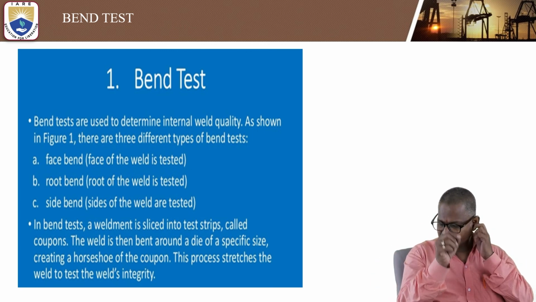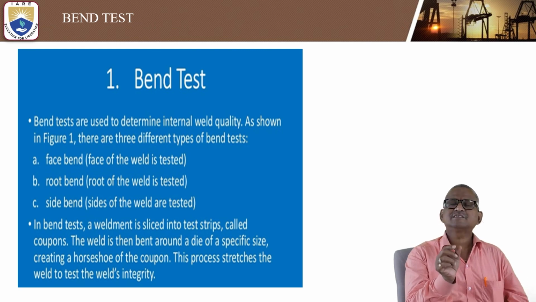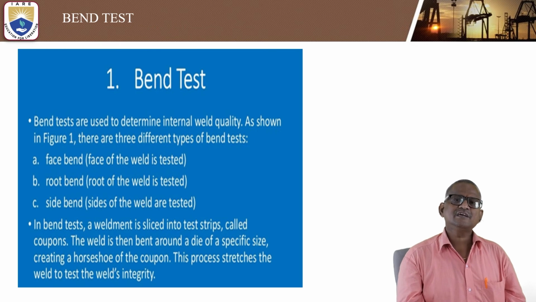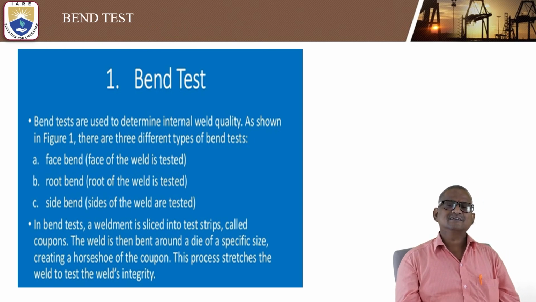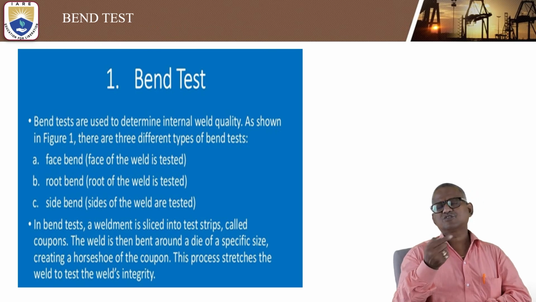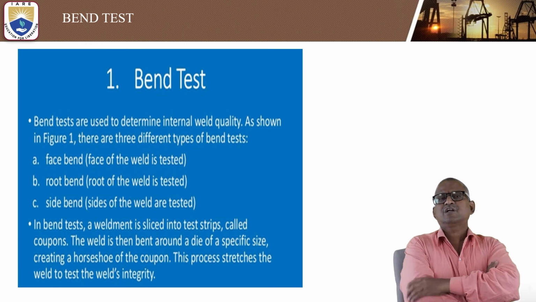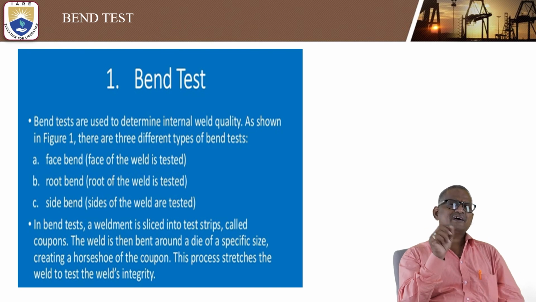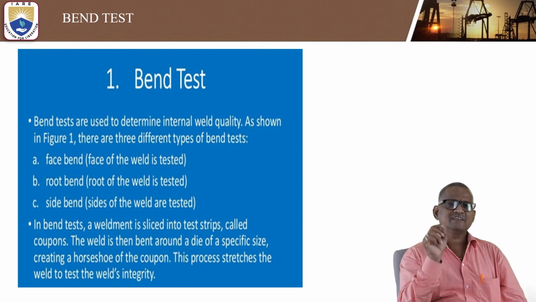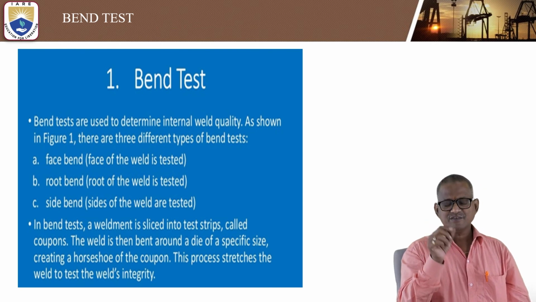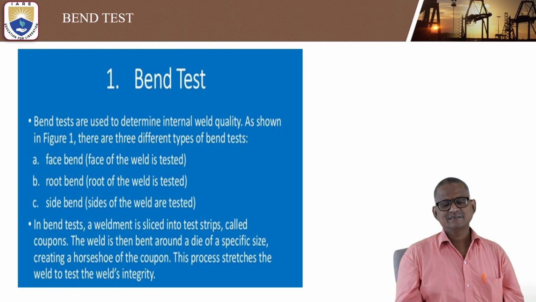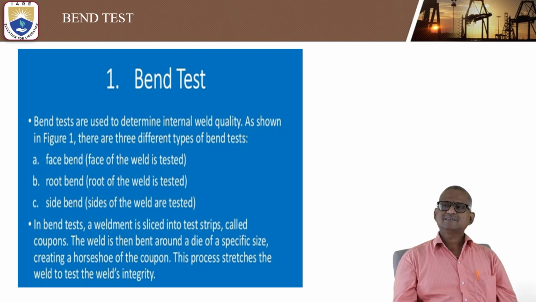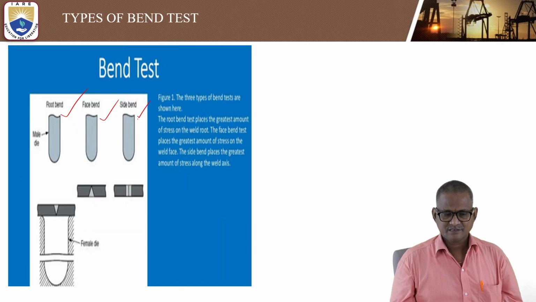Only where you performed welding, in that small thickness, either 5 mm or 10 mm or less than 5 mm, in that area only you conduct the test strips. The test strip is also called a coupon, and the weld is bent around a die of a specified size to test the weld integrity. That is why the bend test is one of the most important destructive tests.